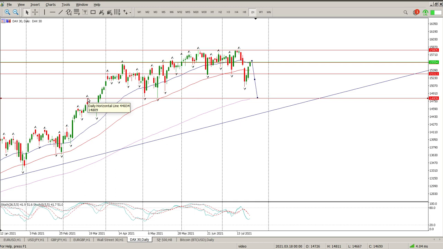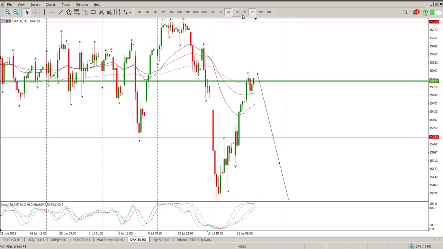So that's 14,809 or 14,810 or 14,815 would be the take profit area. The other thing to bear in mind is look what it lines up with, and that is the 155 daily EMA. That is the bigger picture to the downside.